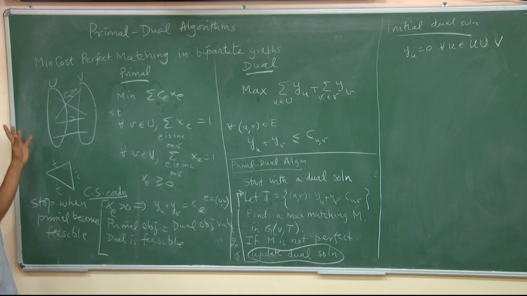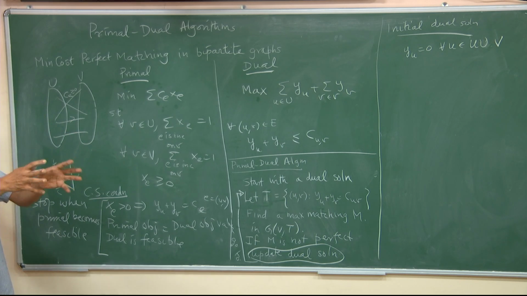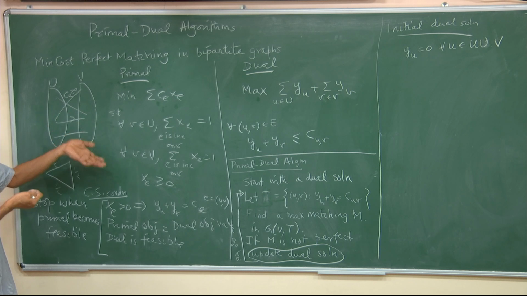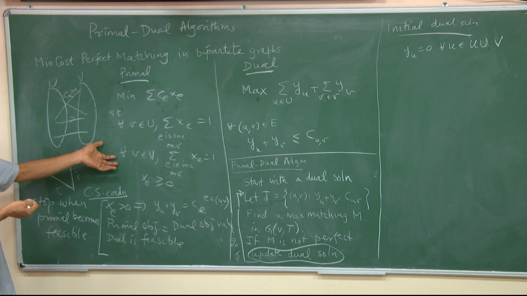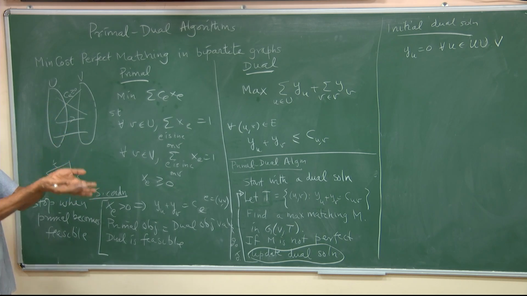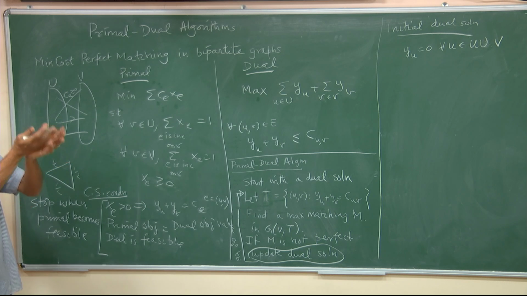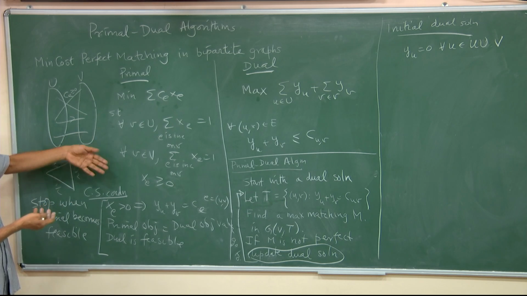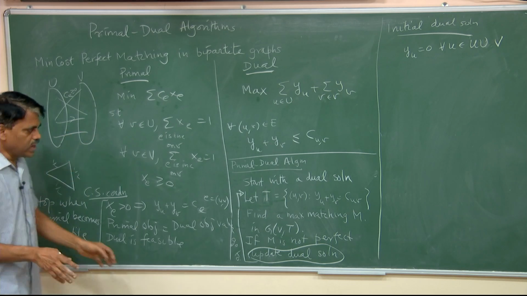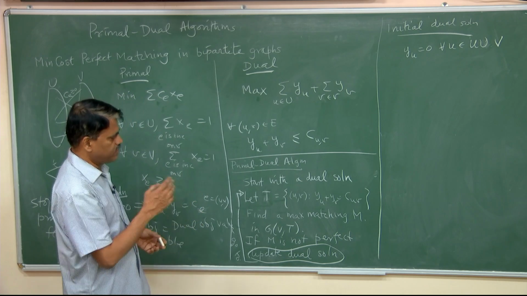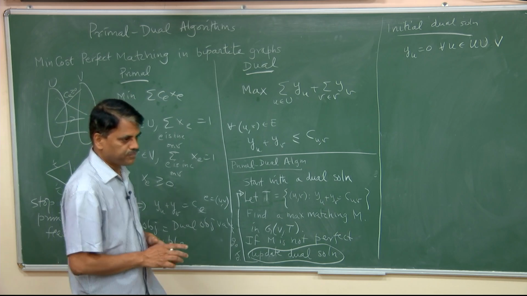Okay, the general framework of primal dual algorithm: I will start with the dual feasible solution, look at the tight constraints, just go and pick those variables, make them 1 here, and see if you already got a primal feasible. If it's not primal feasible, then you want to go and update and maybe increase the dual somehow, and hopefully move towards primal feasibility. How to do that is always the black box. Okay, it depends on the problem. So now we'll see how to do that here.